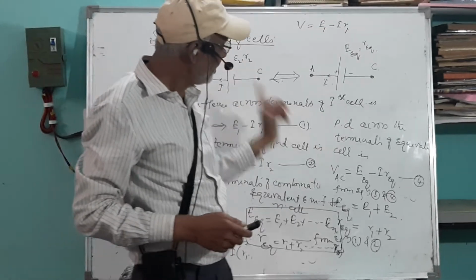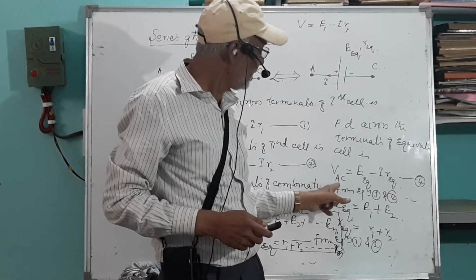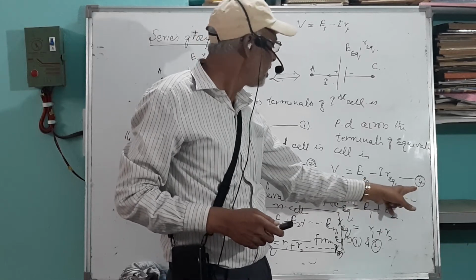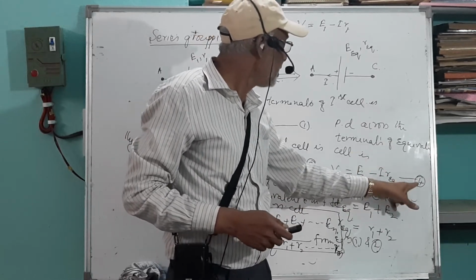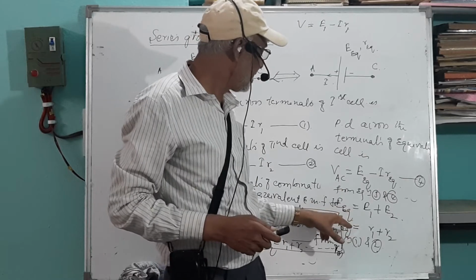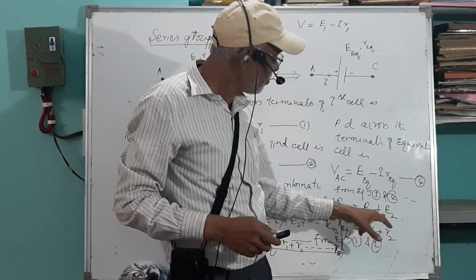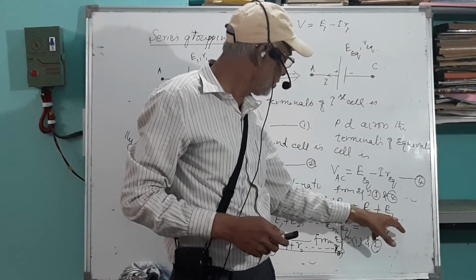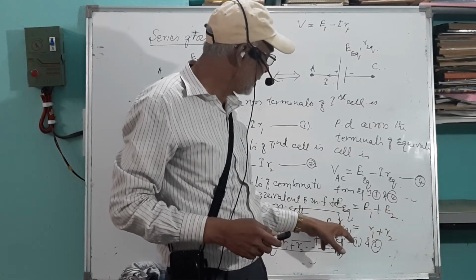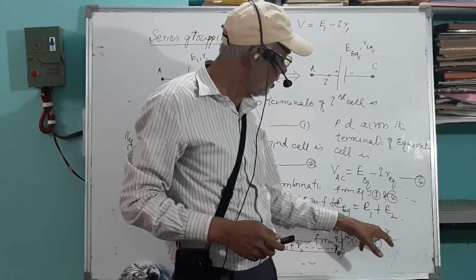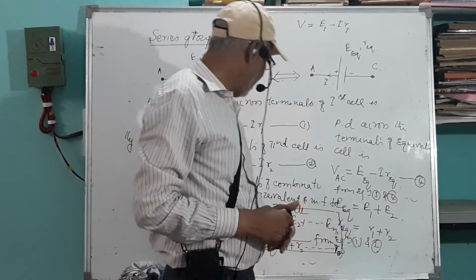According to that, the potential difference across points A and C, comparing equations 3 and 4, gives the equivalent EMF equal to the sum of the EMF of the 2 cells, and the equivalent internal resistance equal to the sum of the internal resistance of the 2 cells.